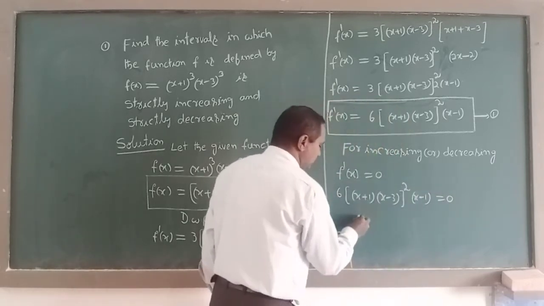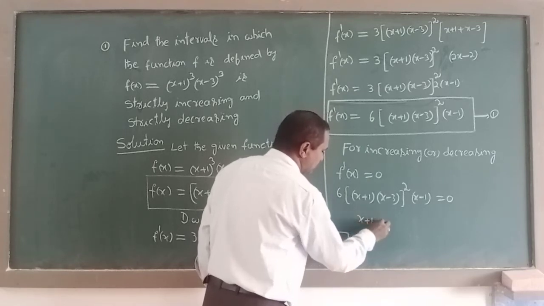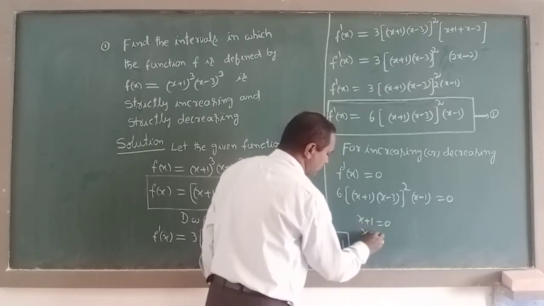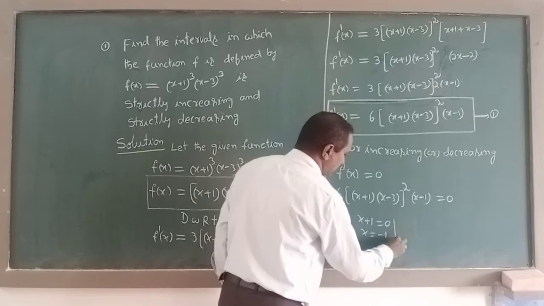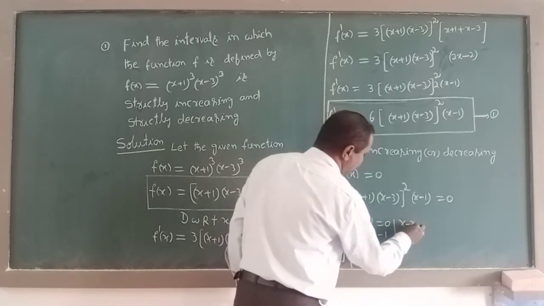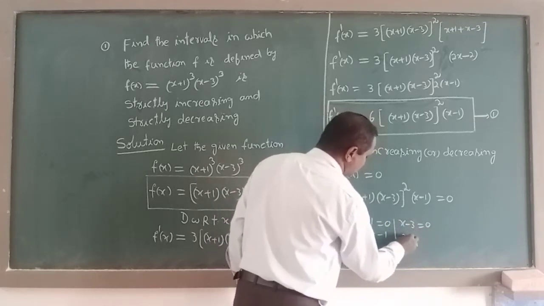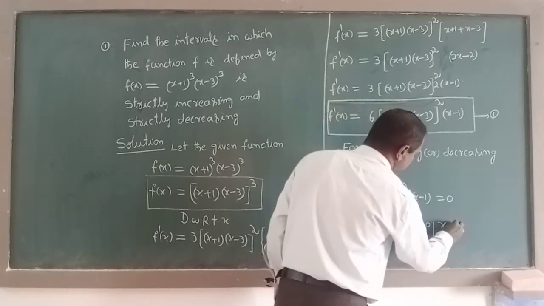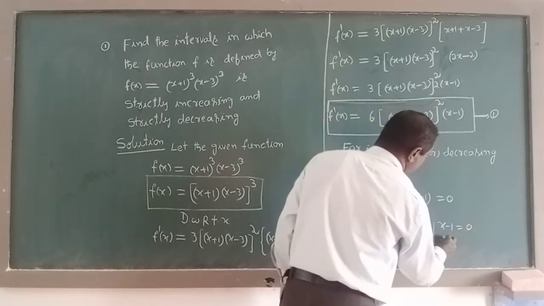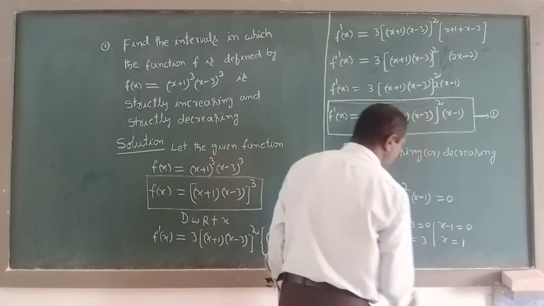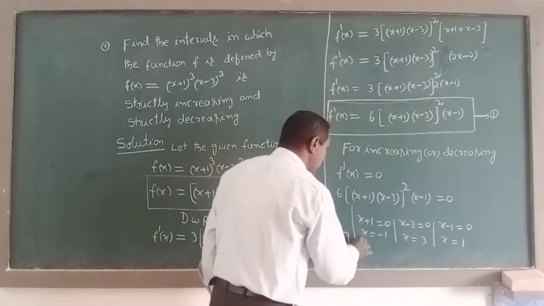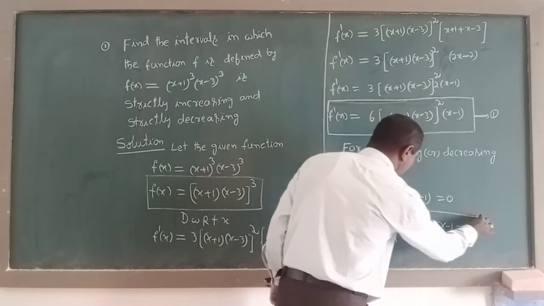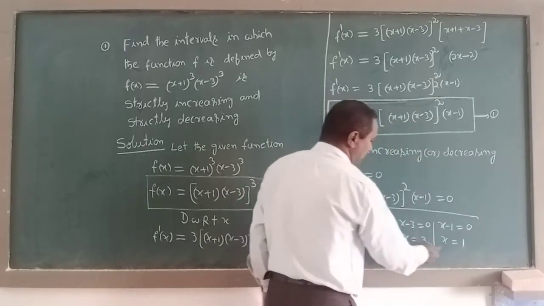Here x plus 1 is equal to 0 and x equal to minus 1. At the same time, x minus 3 is equal to 0, so we got x is equal to 3. Next, the last factor x minus 1 is equal to 0 and we got x is equal to 1. Like that here we got the three numbers. They are minus 1, 3, 1 here.